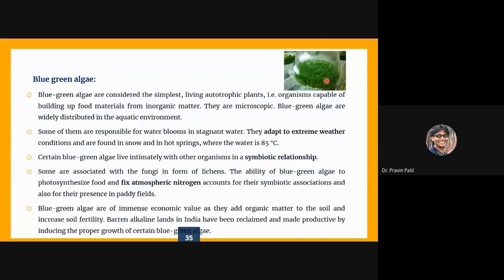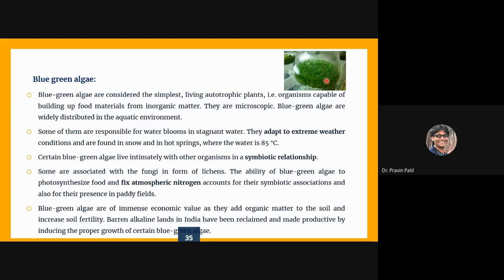So they can create their own energy, right? These autotrophic organisms can obtain energy using photosynthesis while fixing the atmospheric nitrogen for the plants. So again, they have the symbiotic relationship with the plant.